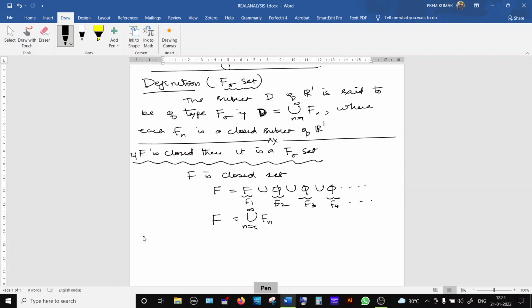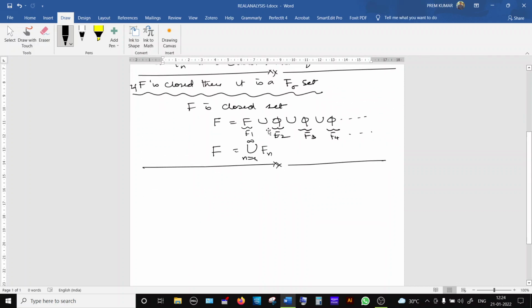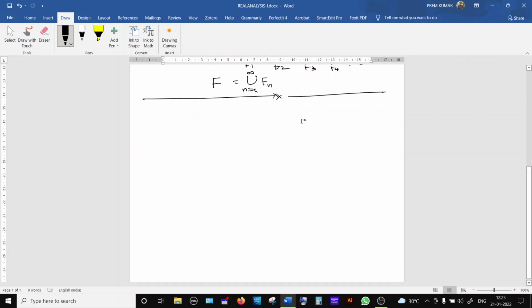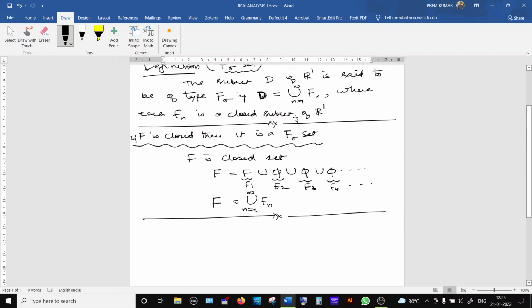So what we come to know here is, if any set is closed, then automatically it is an F sigma set. You may be asked in a short question to prove that if F is closed, then it is an F sigma set. This is a simple explanation. You can make a note. This is one small result.